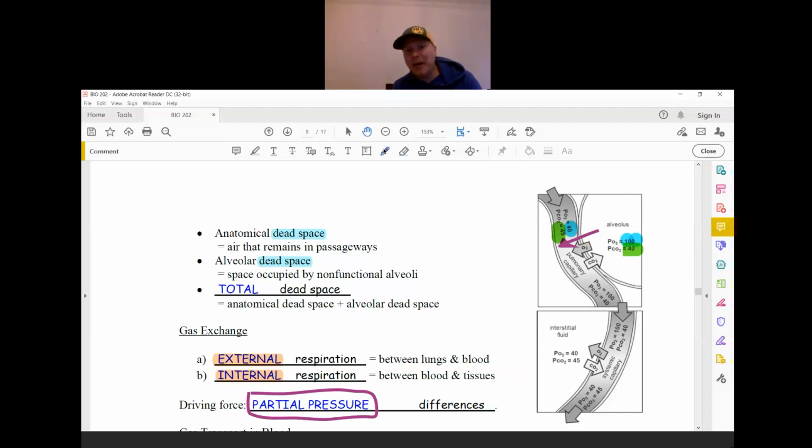And we remember, of course, that 45 is greater than 40. Carbon dioxide moves from the capillaries of the pulmonary system to the alveoli. When we covered the external respiration, we're ready to move on to look at the internal respiration.